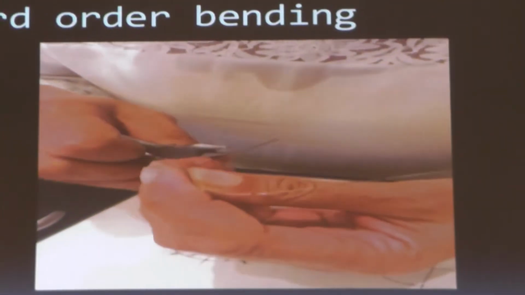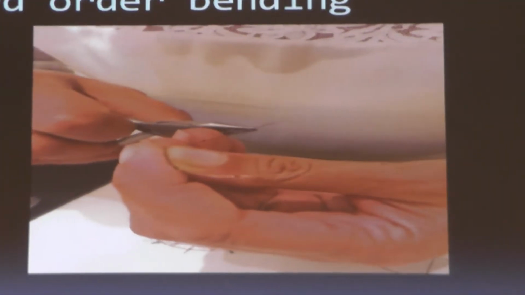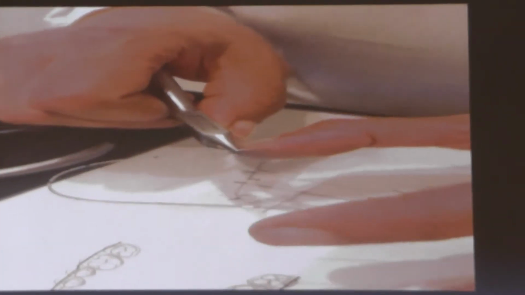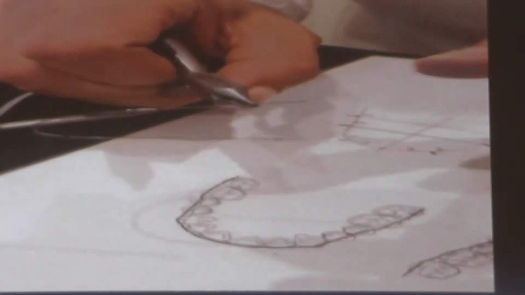Now, you don't have to make an omega loop, but omega loops maintain the arch height. And you can see what's happened with torque at the omega loop.